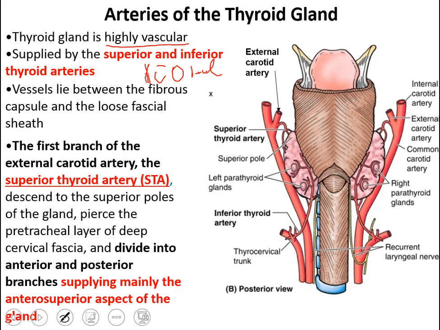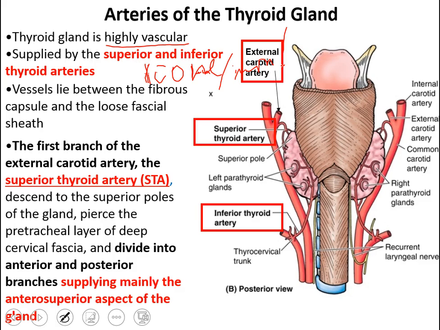Mainly, thyroid gland is supplied by 5 arteries: 2 superior, 2 inferior thyroid arteries, and thyroid ima artery, which is not shown on this figure. And I have to admit there are also many small anastomoses with other arteries of the neck. On this figure, pay attention that you are looking at the thyroid gland from behind the esophagus and pharynx.